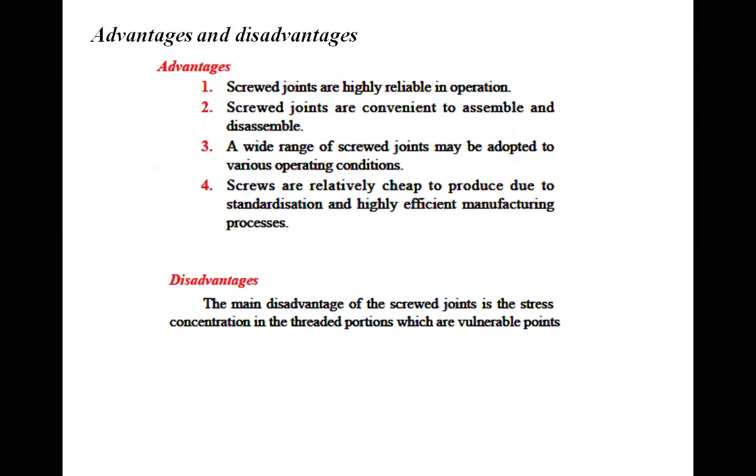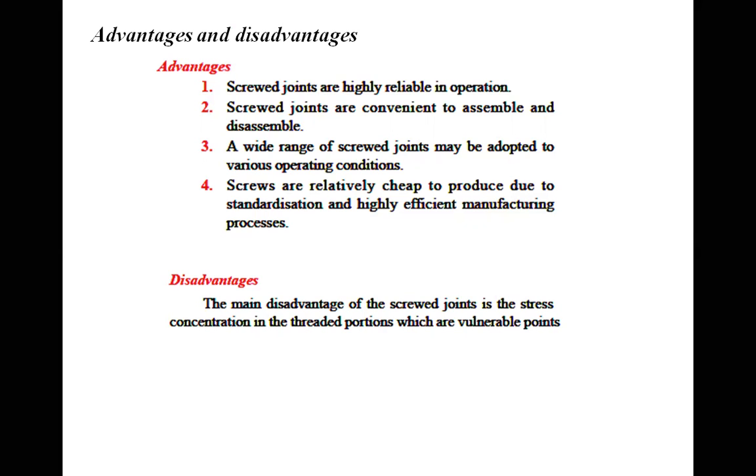Screw joints are highly reliable in operation. Screw joints are convenient to assemble and disassemble. This is the most important advantage. A welded joint, once it is welded, becomes a permanent joint. But as far as screw joints are concerned, a screw joint can be conveniently assembled or disassembled.